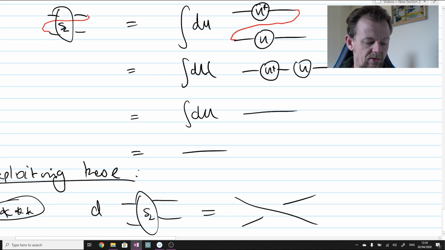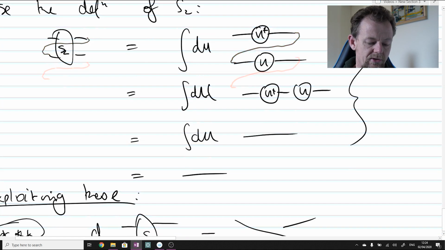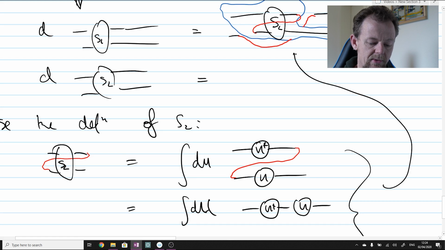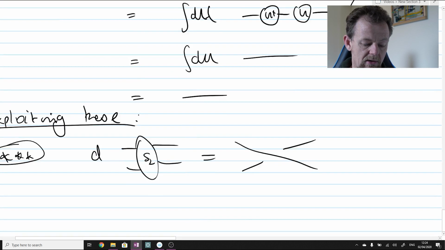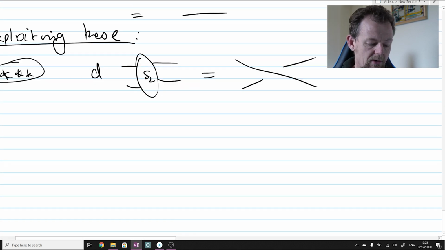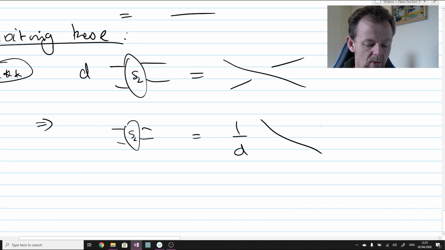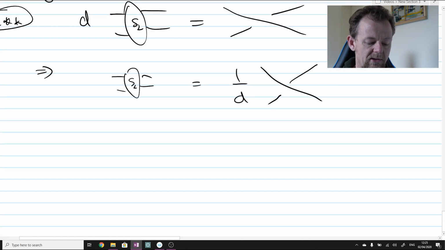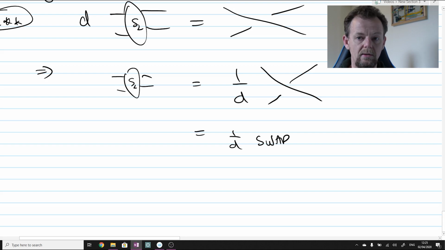So we substitute in the identity I've just shown above into this blue expression here, and you can see that that just replaces S2 with a line, and then we have the result that we want, which is that S2 is, when we divide by this factor of D on both sides, 1 over D times the swap operator, which is exactly the identity we wanted to show at the beginning of the video.